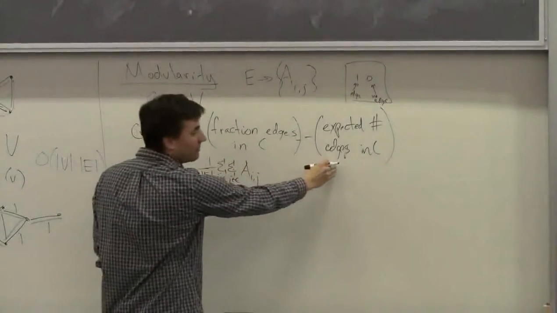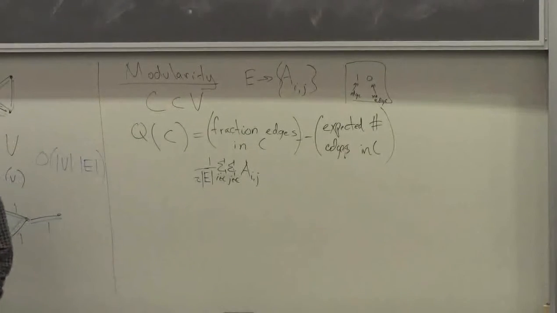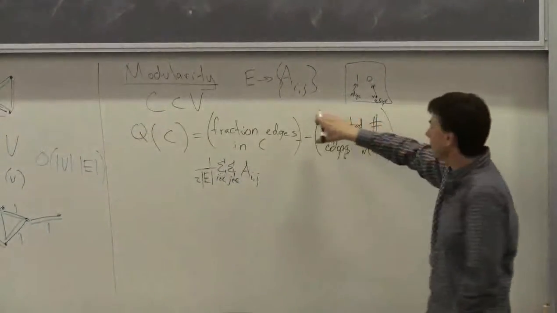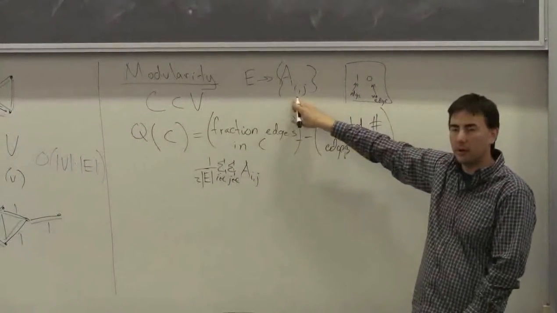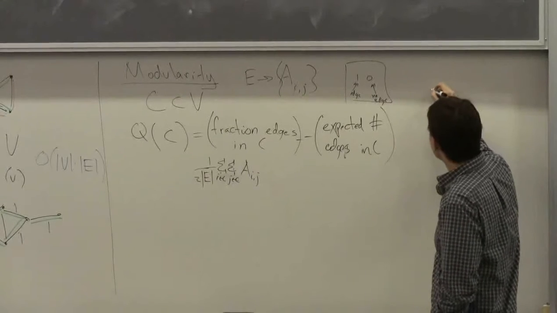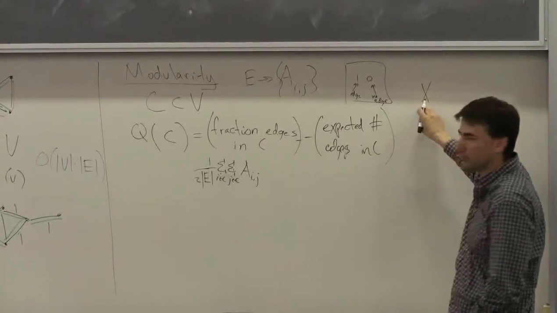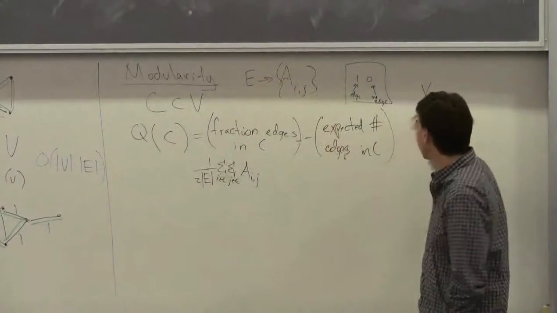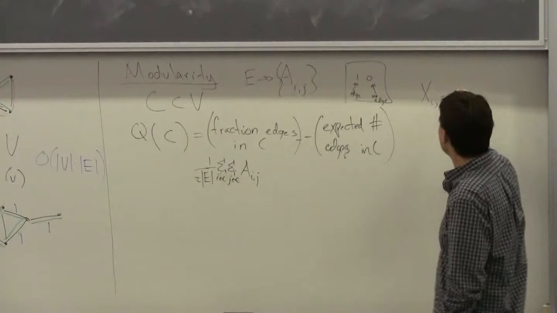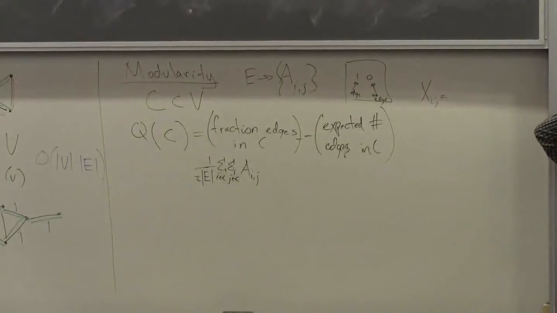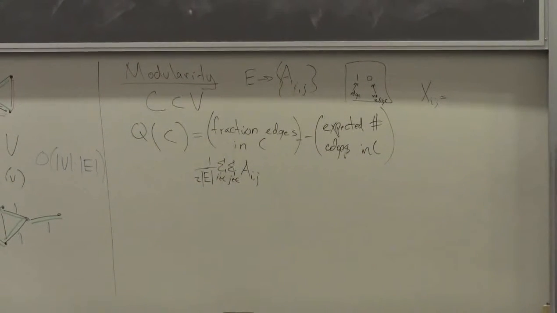Now I need to define what I mean by the expected number of edges. Instead of this adjacency matrix here, we're going to define some expected matrix. I'll call this X. Sometimes it's E, but that is our edge set. So the expected matrix entry ij. How would I define the expectation of having an edge between two nodes i and j? What's the right way of doing that?